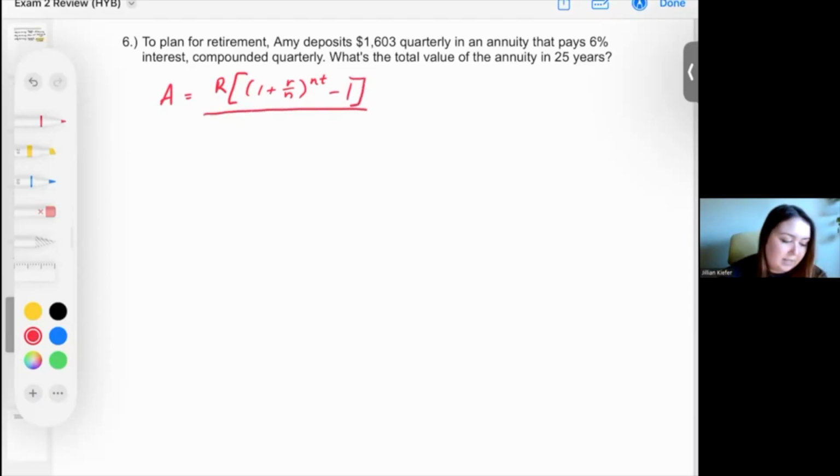And all of that gets divided by little r over n. So this is our formula for the future value of our annuity.